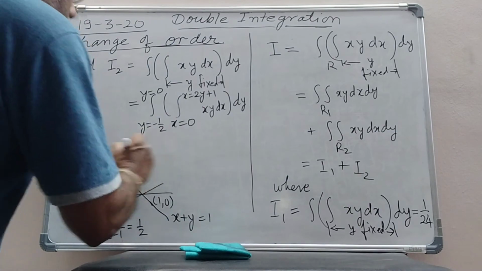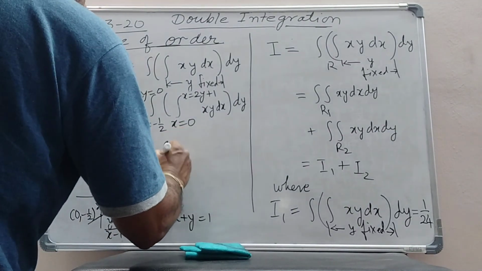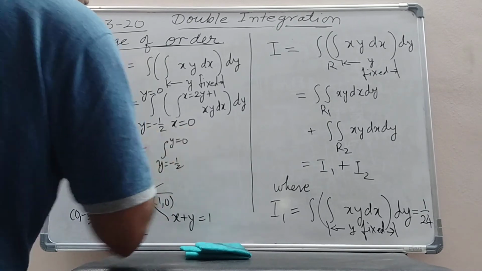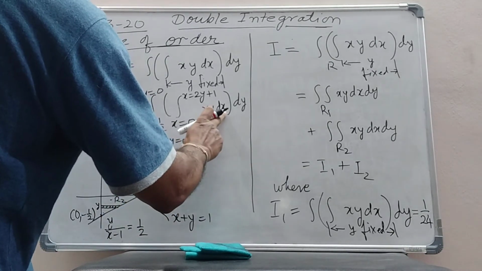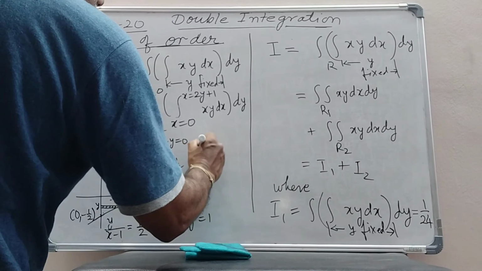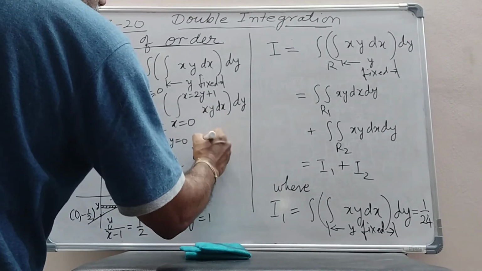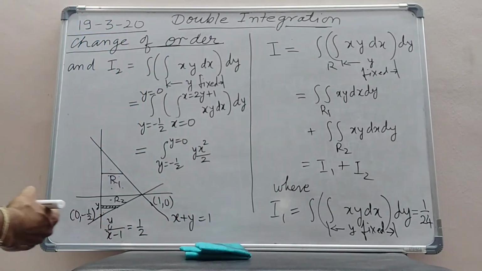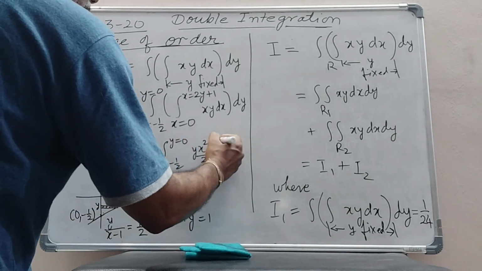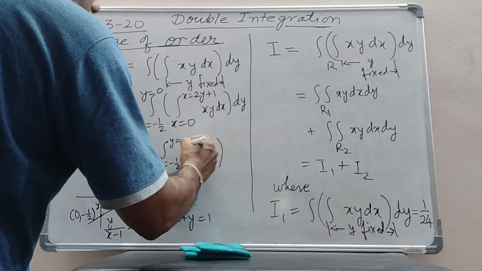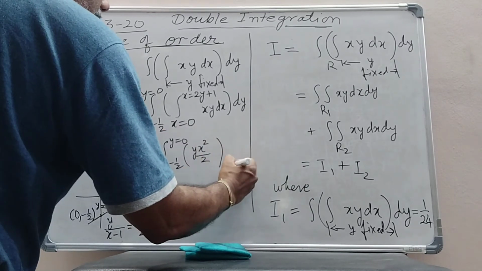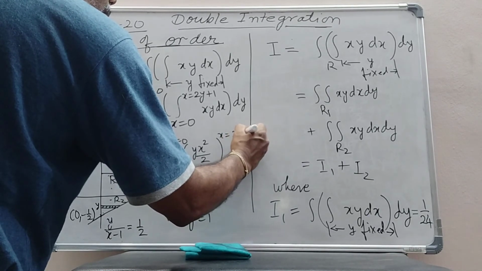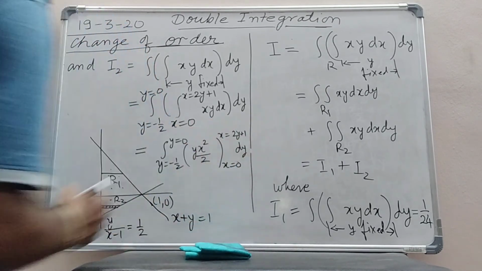This is equal to integral, I integrate with respect to x, so what I get is x square by 2, y as it is, y is a constant. Alright, put the limits as x equal to 0 to x equal to 2y plus 1 and then with dy.